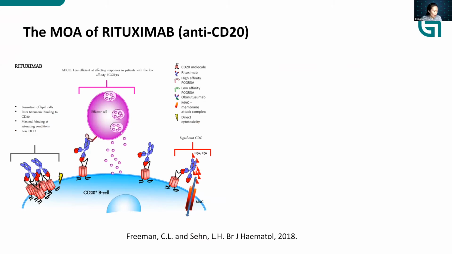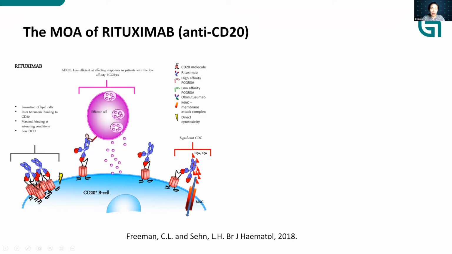So as a segue to demonstrate how this has been used in real clinical settings for treating human diseases, I'm showing you a MOA for rituximab, which is anti-CD20. This is a therapy for CD20 positive lymphoma or B-cell lymphoma. As you can see in the diagram, the rituximab, as illustrated, has the red little dots recognizing the CD20 on the B cell or on the lymphoma cells.